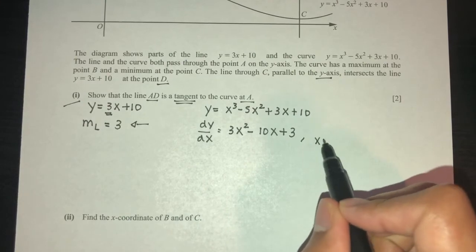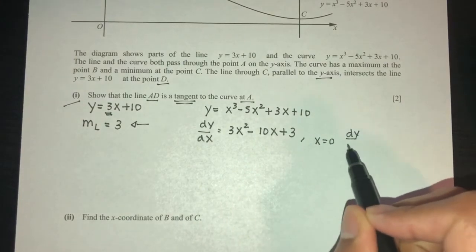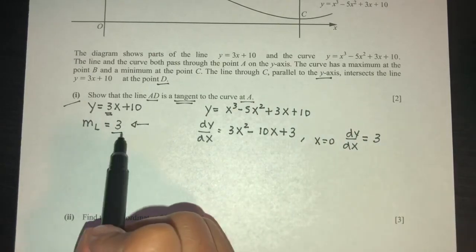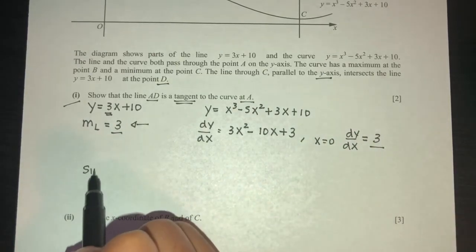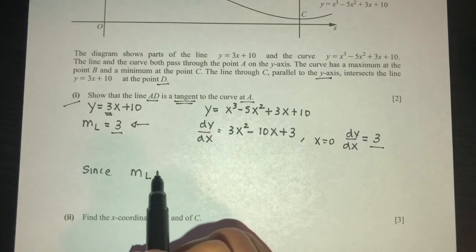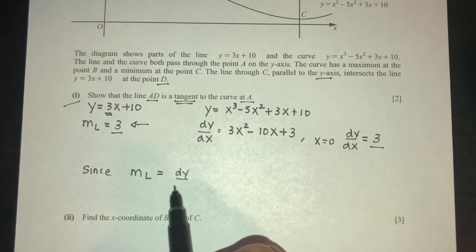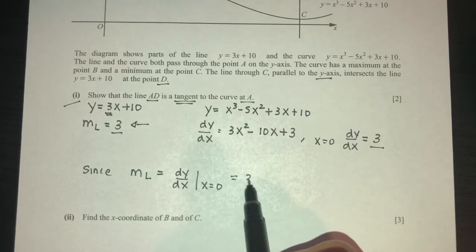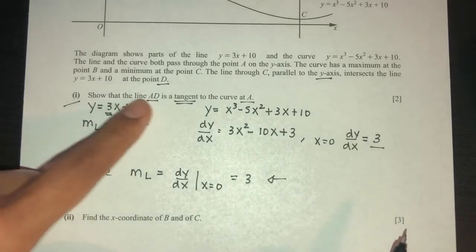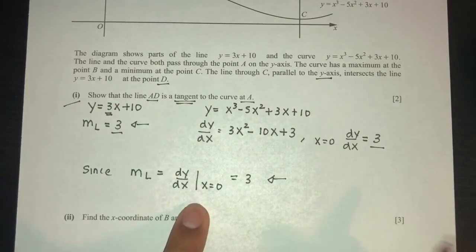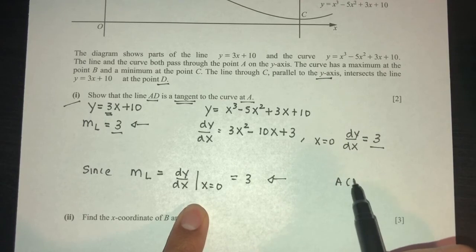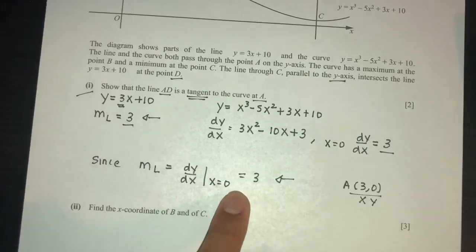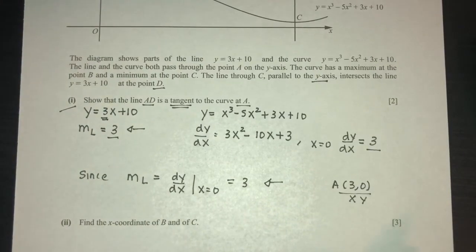So when x equal to 0, dy by dx is equal to 3. In that case, we have shown that this is equal to this. So since gradient of L is equal to dy by dx at x equal to 0, which is 3, it shows that the line AD is a tangent to the curve at this point. Okay, that is how you show it is a tangent. That is the first part.